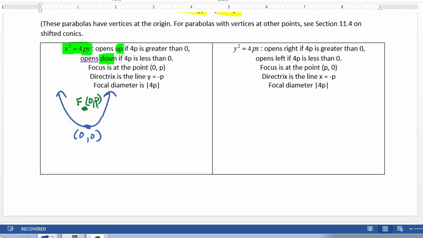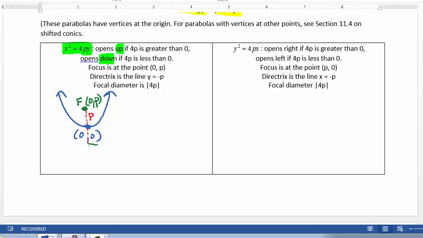If you recall the geometric definition of a parabola, it's the set of all points that are equidistant from a fixed point, the focus, and a line. So if this is the point (0, p), that means that to get from the vertex to (0, p), I went up p units, and this point has to be the same distance from the focus as it is from the directrix. So to get the directrix, I would go down another p units, and I would end up here.